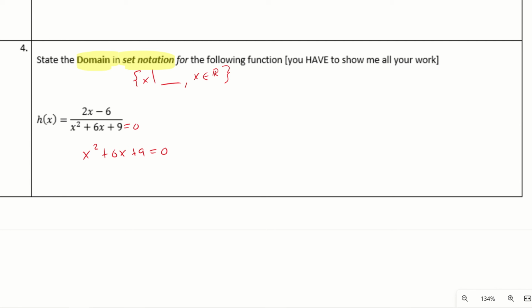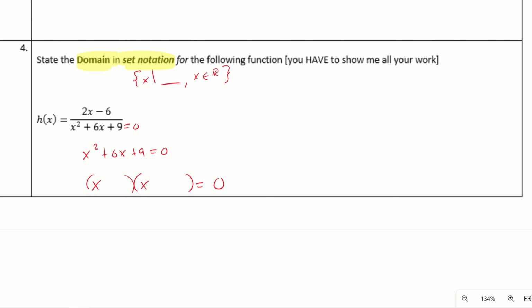And so we have x squared plus 6x plus 9. In other words, we're setting the denominator equal to 0, and that means we're going to have to factor. Once again, there are many ways to factor, but in this case, because my a value is 1, we can jump straight to our factors.